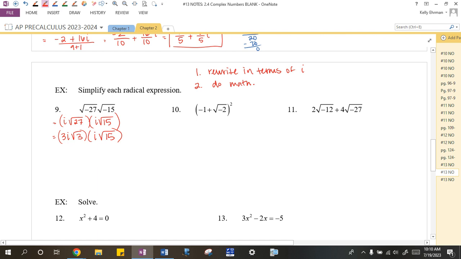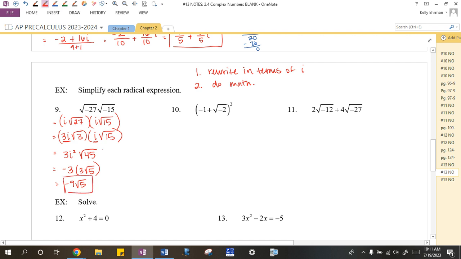And then from there, you multiply, just like with real numbers, multiply the numbers on the outside. So 3i times i is 3i squared. Radical 3 times radical 15 is radical 45. 3i squared is negative 3. Radical 45 simplifies to 3 radical 5. So my answer is negative 9 radical 5.